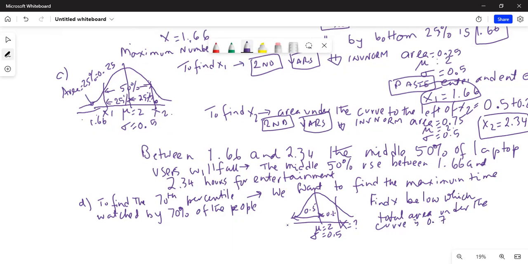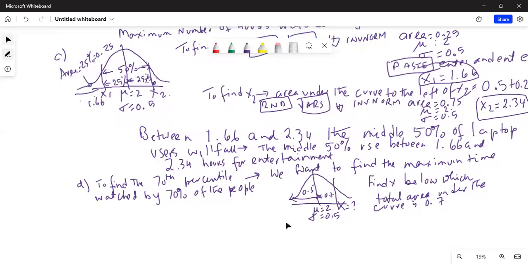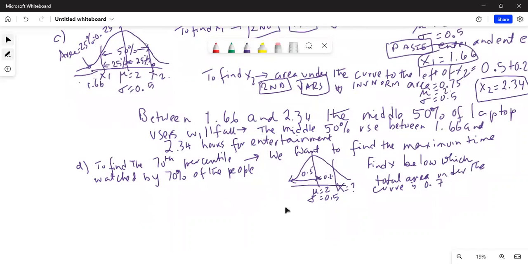So again, use the inv norm function. So area now is 0.7. Mu does not change, 2.